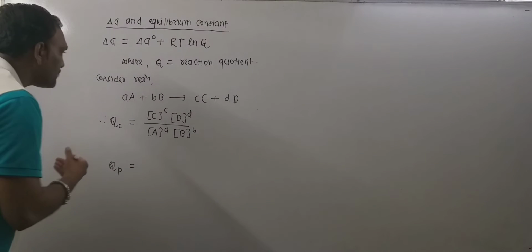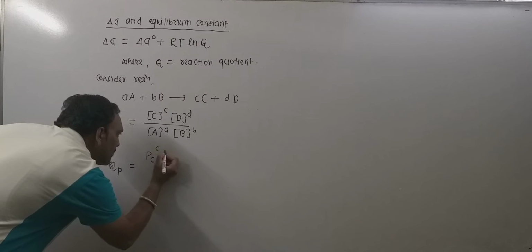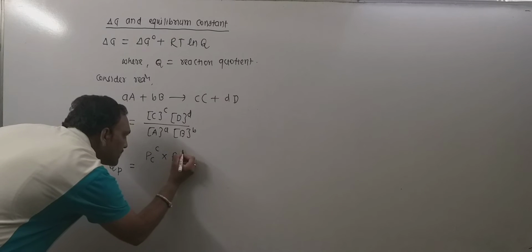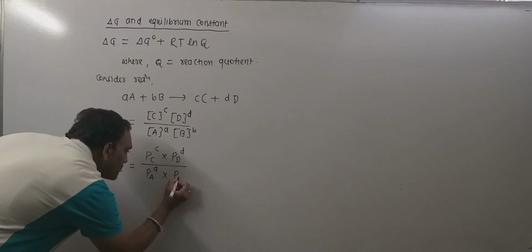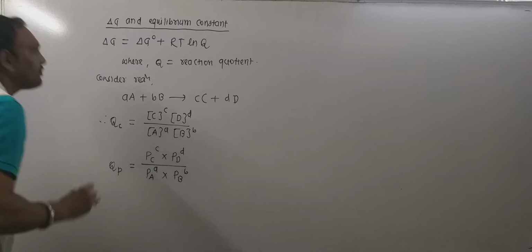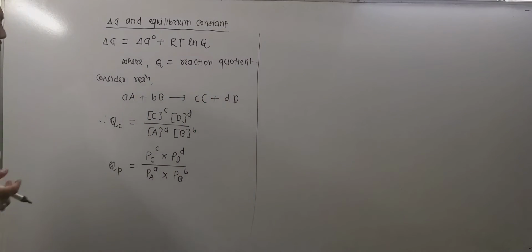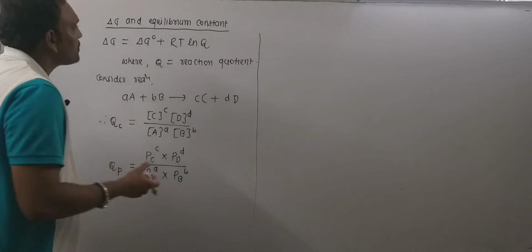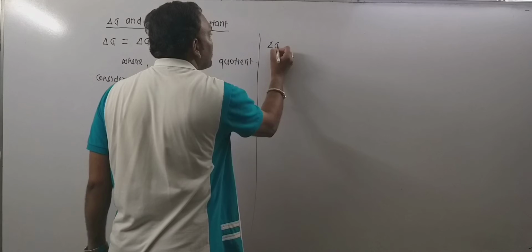Thus the reaction quotient can be given as partial pressure of C to the power c into partial pressure of D to the power d, upon partial pressure of A to the power a into partial pressure of B to the power b.